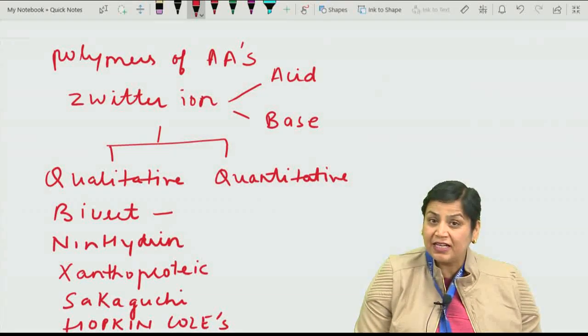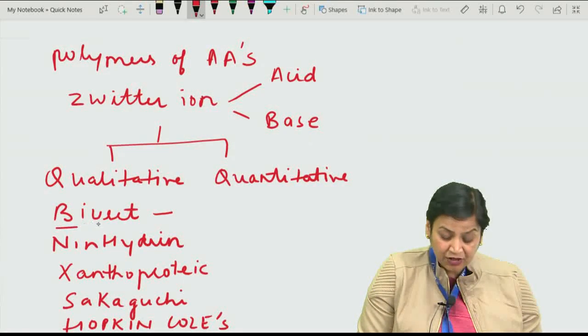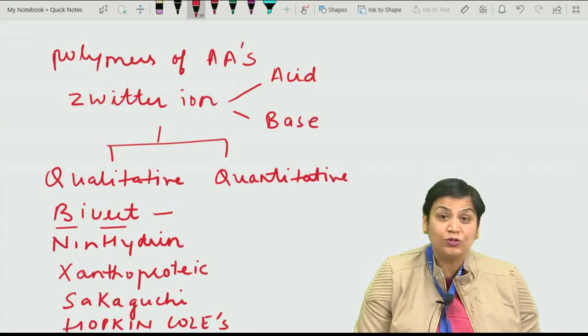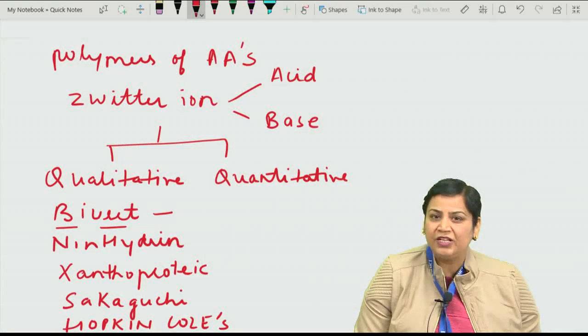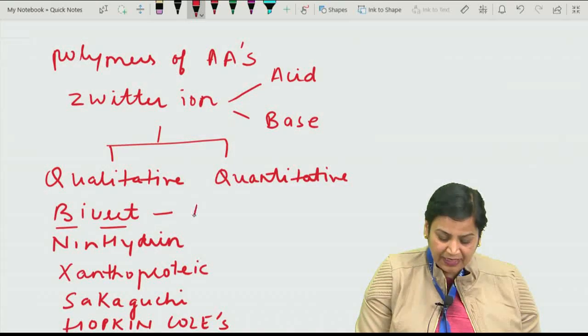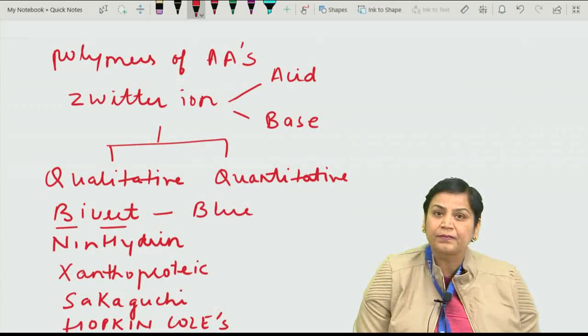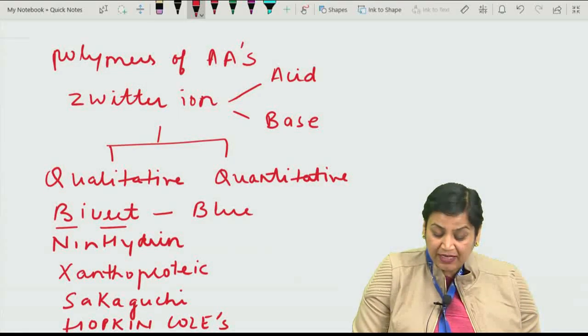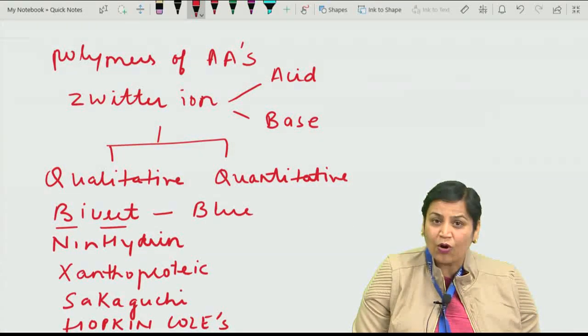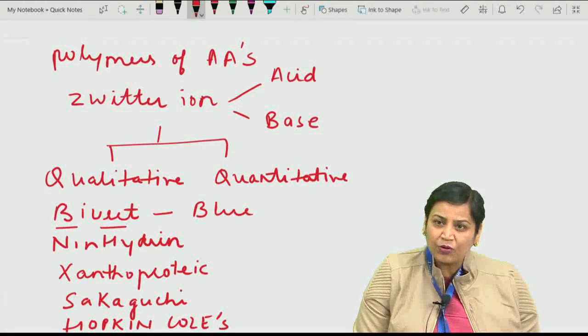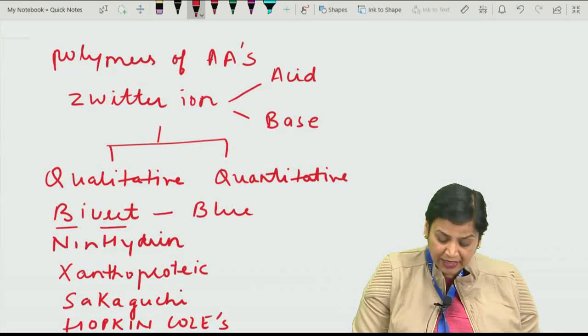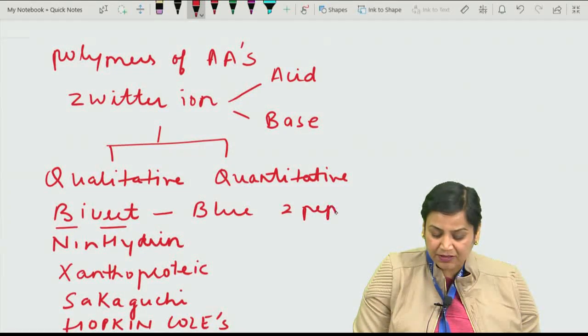Biuret, as is clear from the word itself, biuret means whenever two molecules of urea are heated in the presence of copper sulfate, they are going to give a coordination compound which is mainly blue in color. Since you know that every protein is formed of peptide bonds, the main requisite for a protein to give a positive biuret test is it should have more than 2 peptide bonds.